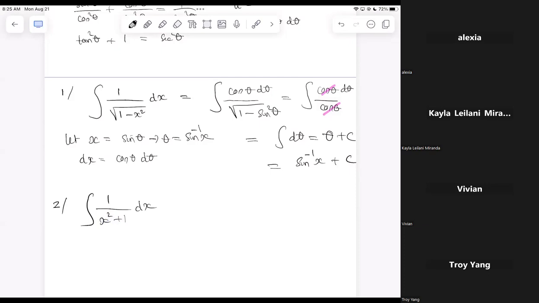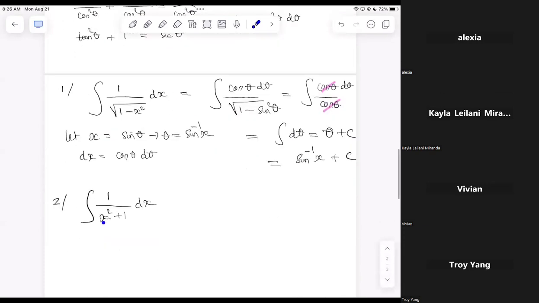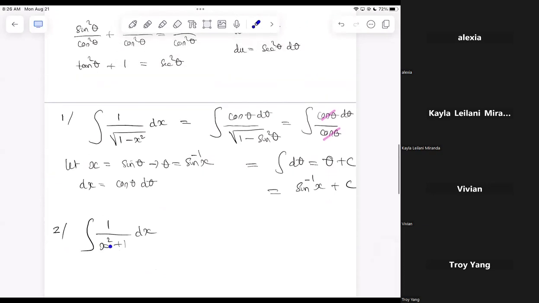So the idea is we will use this one. You see, tangent squared theta plus 1 is just equal to secant squared theta. So think about it: if I set x equal to tangent theta, then x squared plus 1 is tangent squared theta plus 1, which is just secant squared theta.